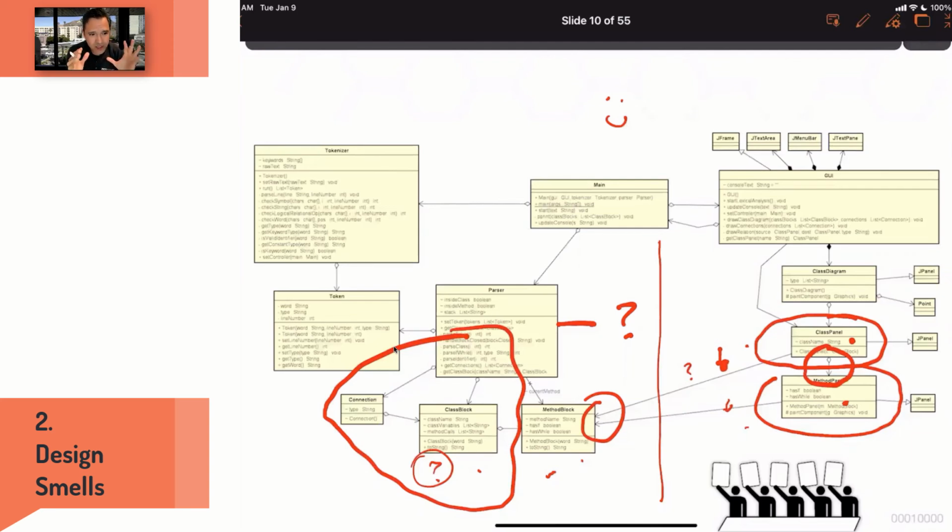The first rule is, if you have loops, you need to think about refactoring. If that is not possible to refactor, there should be a very good reason for having this. A semantic reason? Not really. I understand that connection is something that we need, but probably it could be deleted if you want to have parser with all the three different elements: connections, classes, methods.